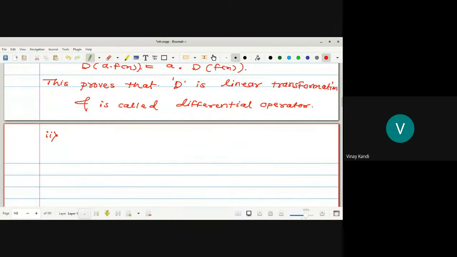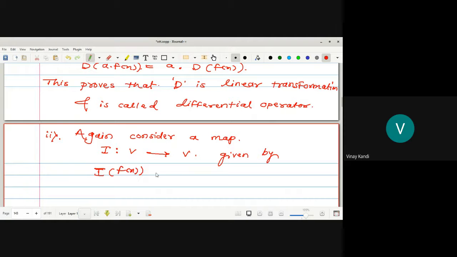Again, consider a map I from V to V. V is the vector space, and I is the mapping given by I of f of x is equal to the integration from 0 to t of f of x.